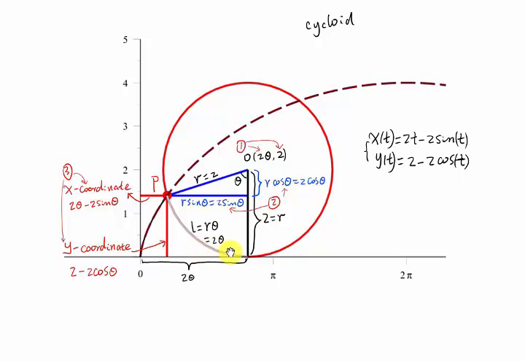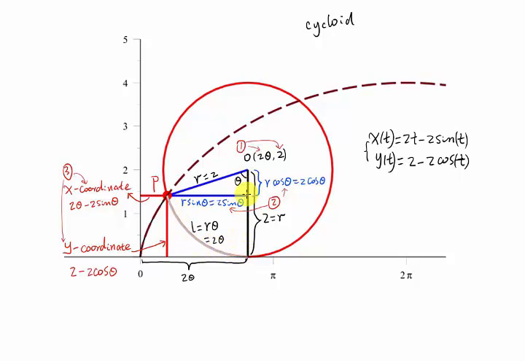That will be the x coordinate of this center O. How long is the arc of this gray one? That equals radius times theta. Theta is this angle. So r theta is the length of this arc.